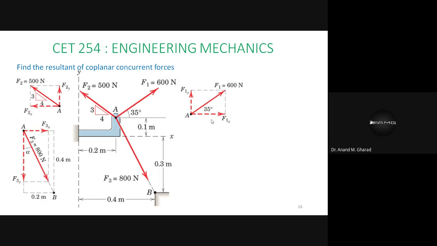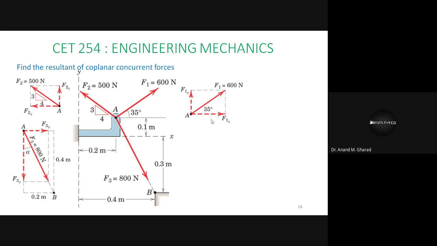Now, resultant is the parameter which represents the effect of all the forces acting at that point, right? This is the definition of resultant force for concurrent type of force systems.